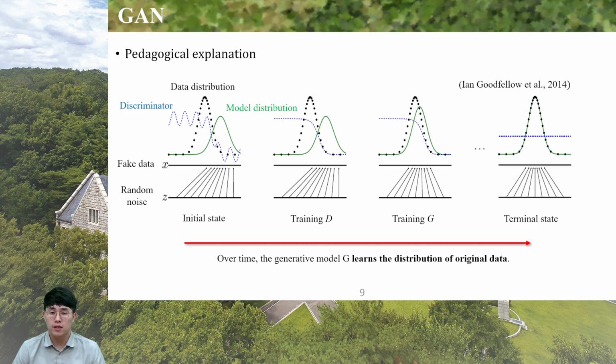At first glance, the two distributions are distinct, and the discriminator can distinguish the differences, as shown in the blue line. However, as the training progresses, the green line begins to approximate the distribution of the real data, preventing the discriminator from distinguishing between the two distributions.